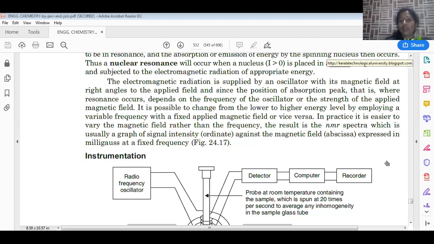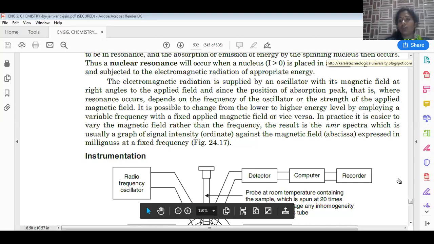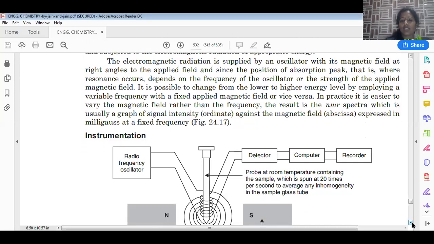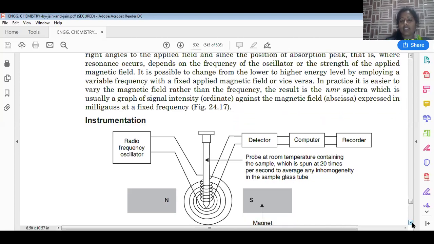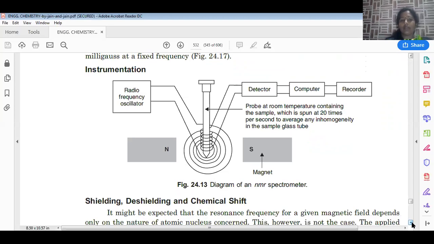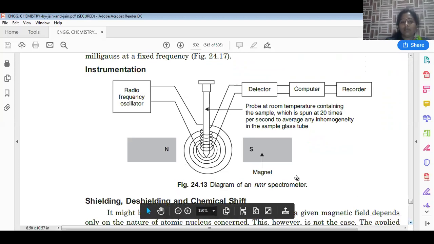When the angular momentum value I is not equal to 0, only then does the molecule become NMR active and give NMR signals. The simple example is hydrogen, which has I equal to half. C13 is another example. These are the nuclei which give NMR signals.